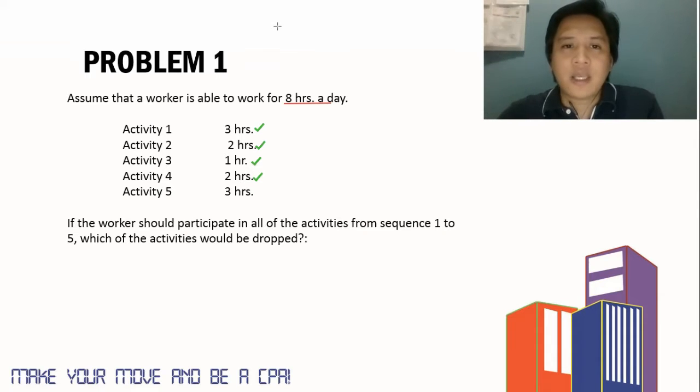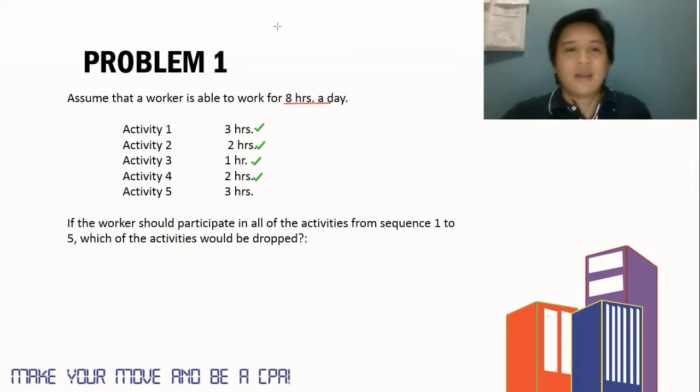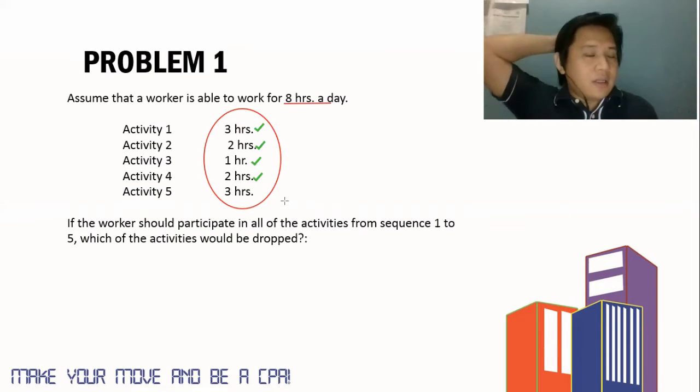And sometimes what we ought to do is to choose what activities will make you improve yourself or give you more opportunity. In this problem, pinapakita lang natin that time is limited and it can be a source of constraint. And if a company requires all of this to be done, then possibly yun na yung mga overtime.